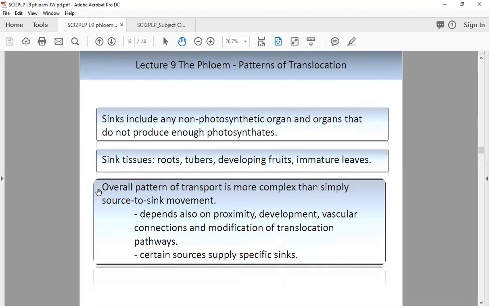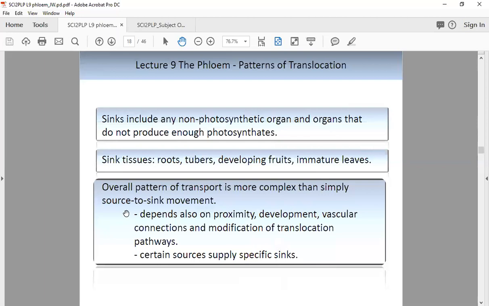All right, so we've said that photosynthate will be translocated from source to sink, but the overall pattern of transport is a lot more complicated than simply source to sink movement. It depends on a lot of factors, and some of these factors are still not well understood, and that's why they're constantly looking at different ways to try to determine what directs the allocation of photosynthate to one part of the plant at a certain rate, and then what changes that rate to redirect the photosynthate elsewhere.